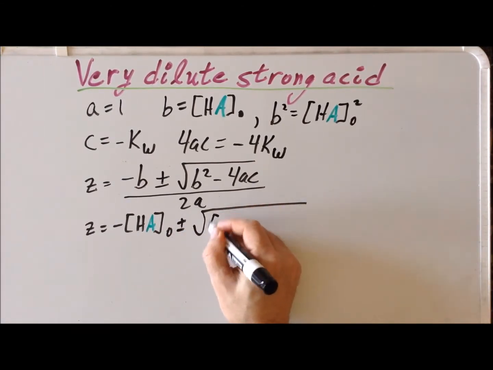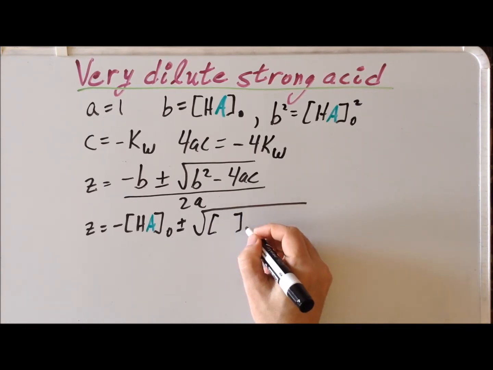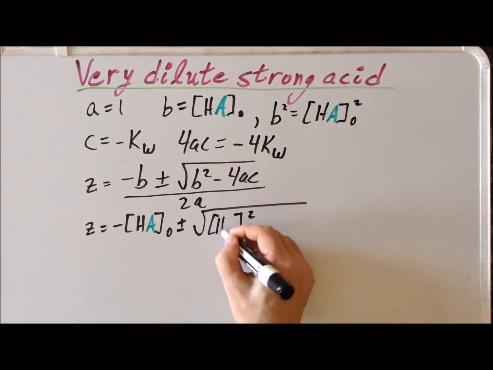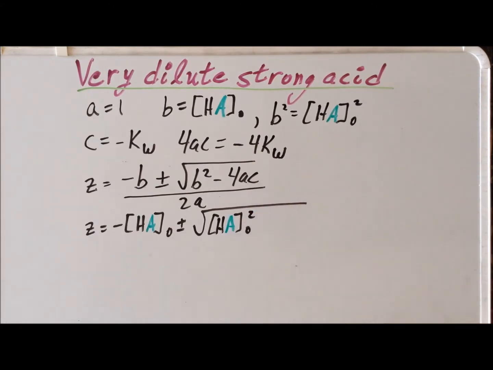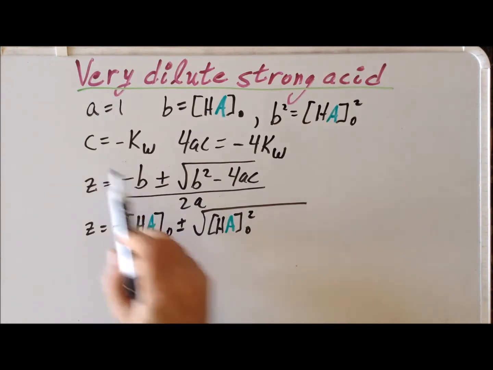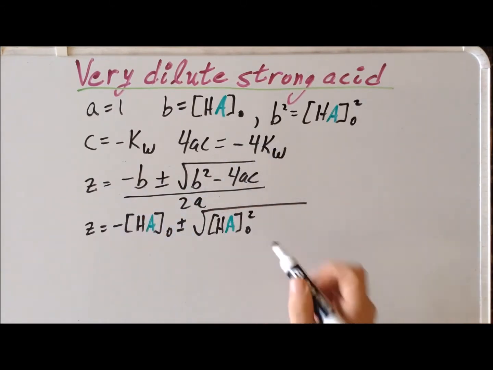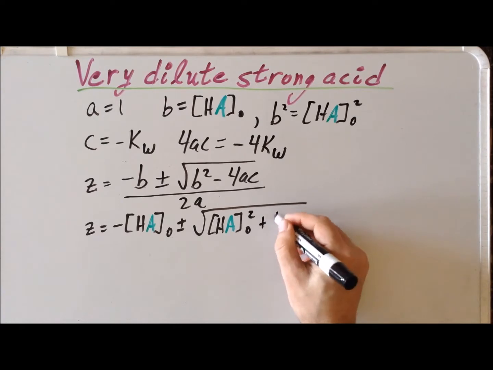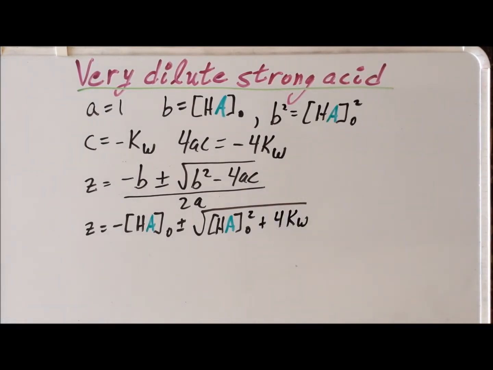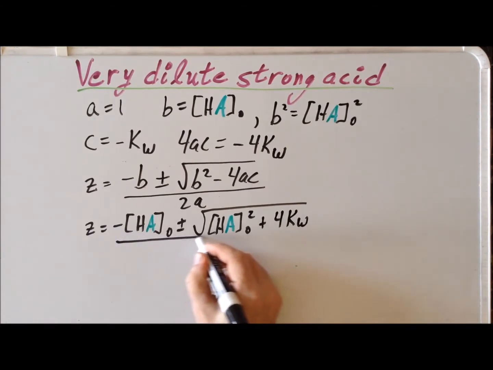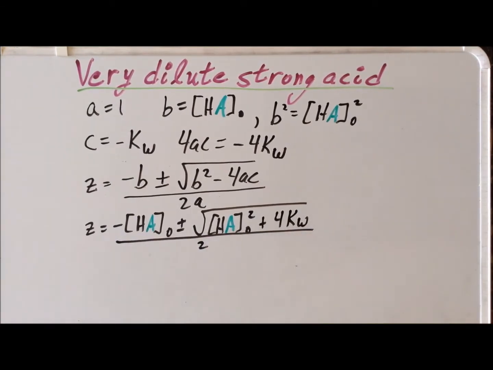So now we have the concentration of HA sub 0 squared minus 4ac. 4ac is actually a negative value, so this is going to be plus 4 times the dissociation constant Kw, all divided by 2.